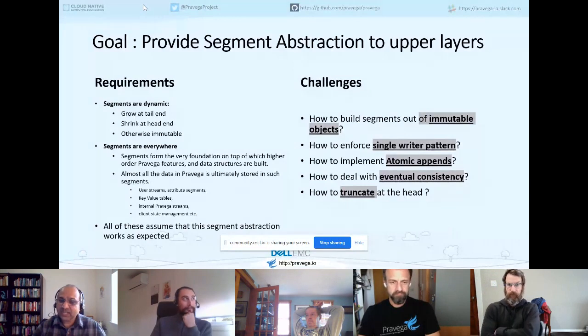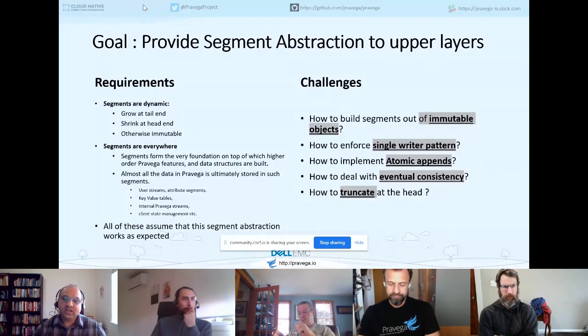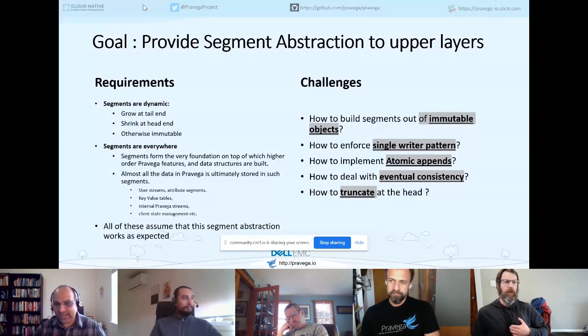The third challenge is how do you actually implement atomic appends? One of the things that we have to deal with when we are dealing with object stores is how do you deal with eventual consistency? And the last problem, which Project briefly talked about, is during the retention cycle, we have to decide whether to truncate a segment or not, and how do you actually achieve that at the low level.